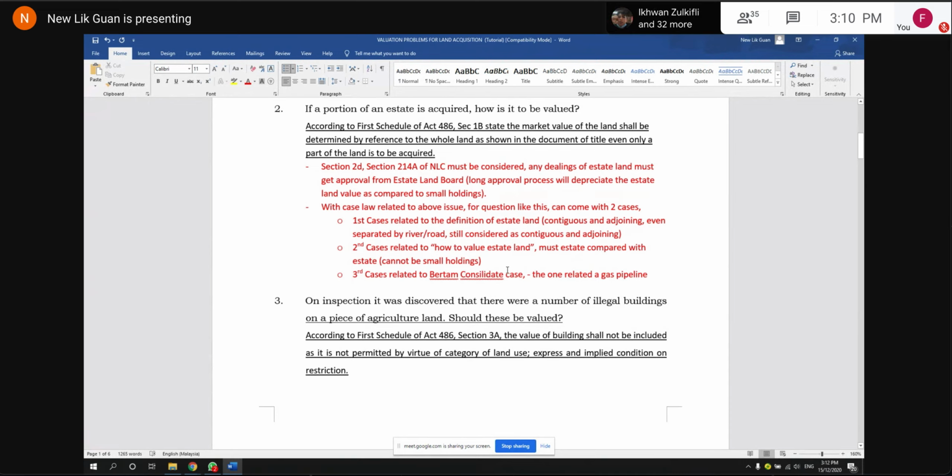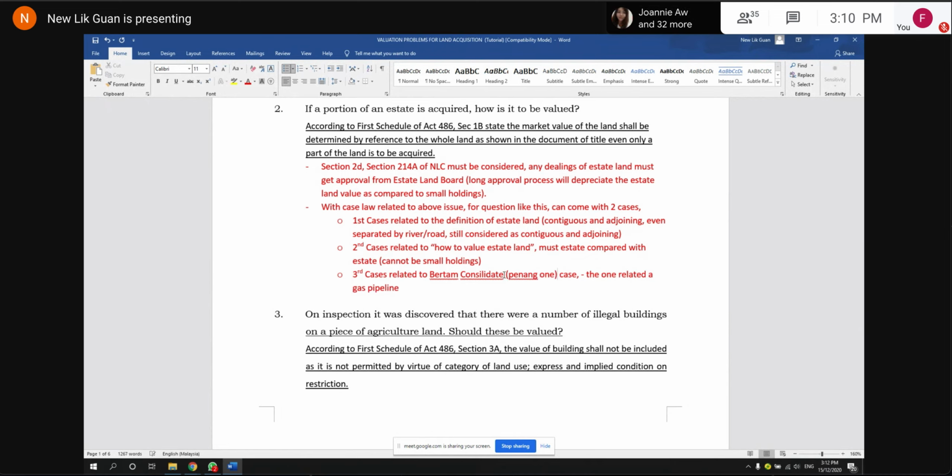This is a Penang case. Introduce the zoning and belting approach in the valuation.